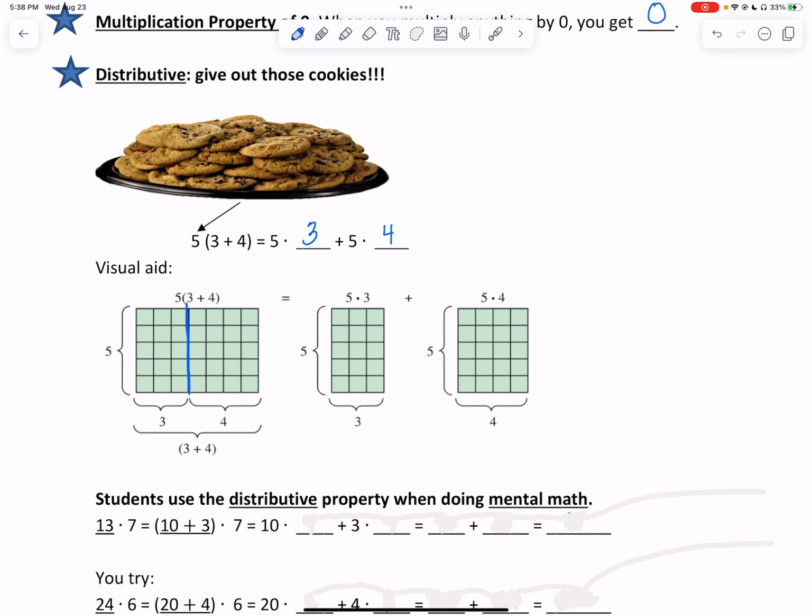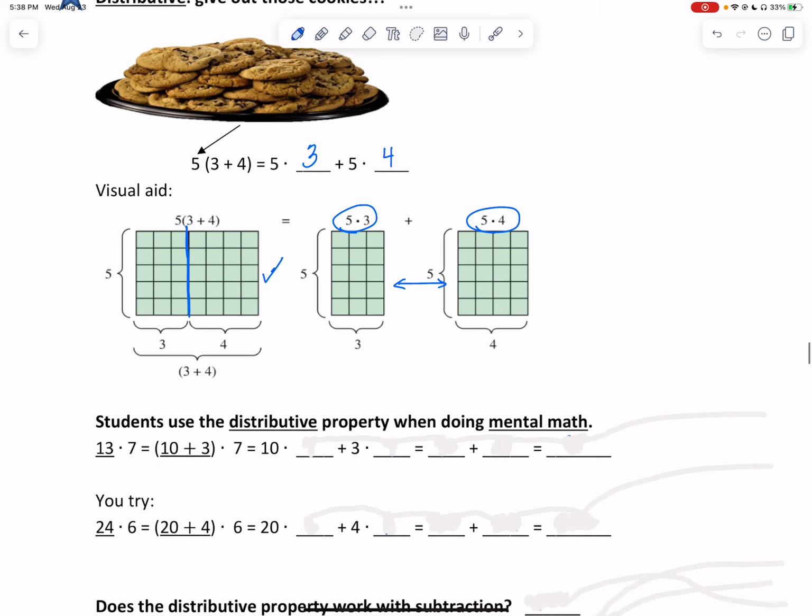So now I'm multiplying 5 times 3 and 5 times 4. If I put these together, you're going to get this right there. So it visually shows the distributive property. I just thought that was pretty cool.